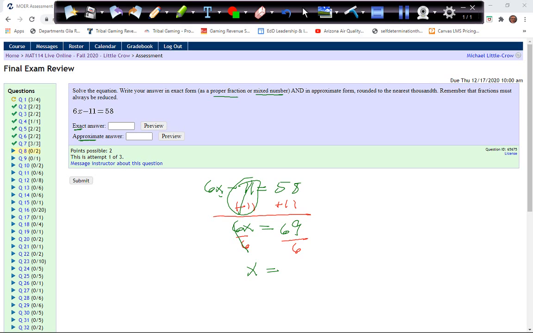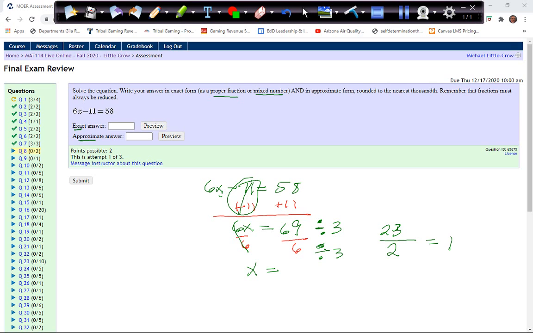Okay, so how many times does 6 go into 69? Well, first of all, we can see that 3 goes into both of these. So let's reduce it by dividing both of them by 3. 3 goes into 6 2 times. 3 goes into 69 23 times. 2 goes into 23, well, it goes into 22, so that would be 11.